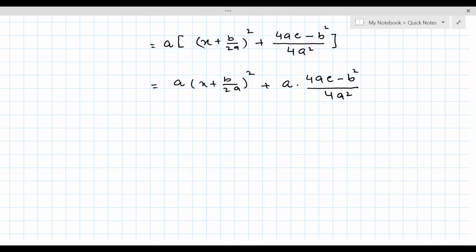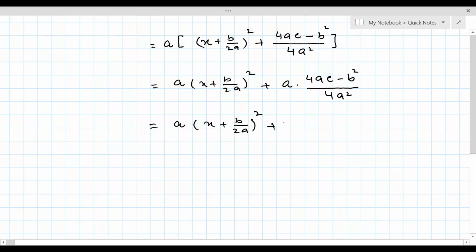A will get cancelled with the square, so this will become equal to a into x plus b over 2a square plus, this square will get cancelled with this a, leaving behind 4ac minus b square over 4a.